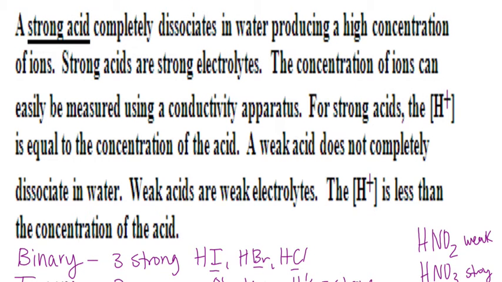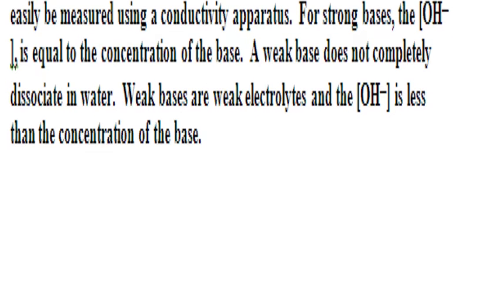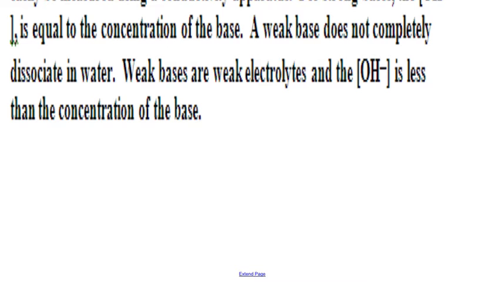All right, let's go look at our next. We're talking about bases. And again, a strong base is actually something that dissociates 100%. So your strong bases are going to make some sort of ion, an OH minus. Can anyone remember what base, or I should say what hydroxides? The hydroxide ion is what makes basic things basic.